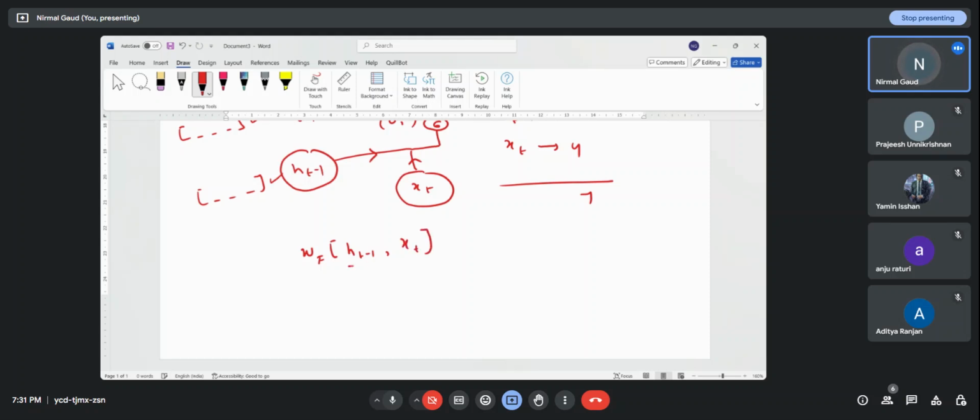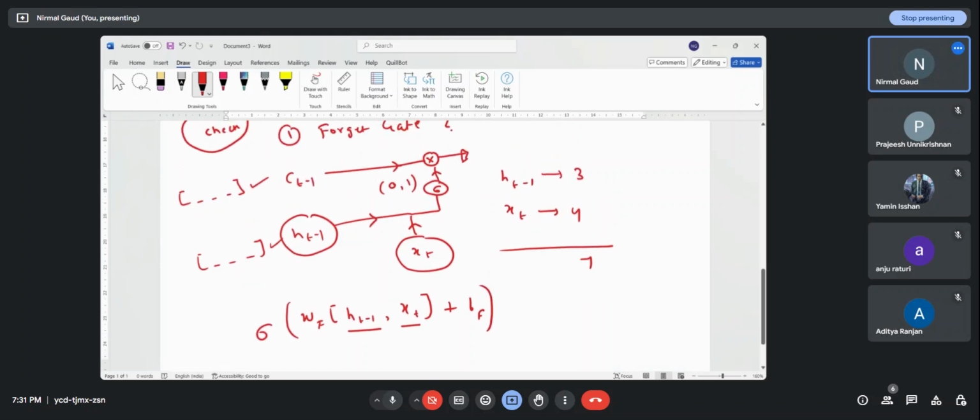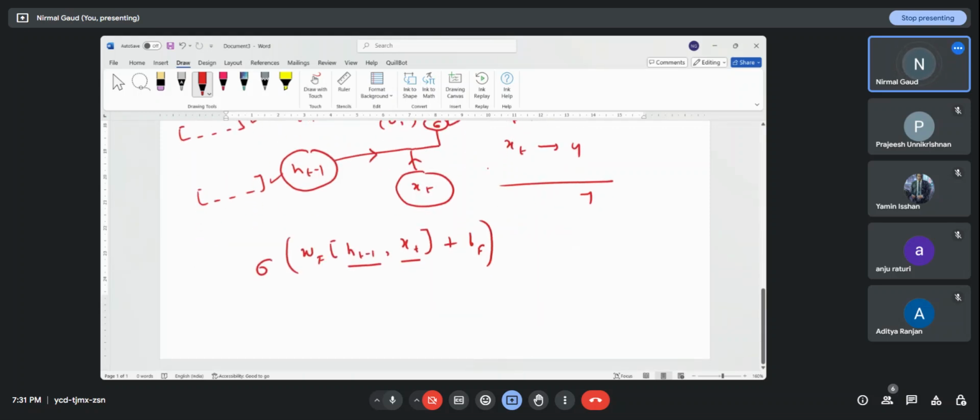Here I am concatenating the hidden state and the input, multiplying with the weight of the forget gate plus bf, the bias term. The overall result I am getting, I have to give to the sigmoid function. Here is the equation, which I told you yesterday.